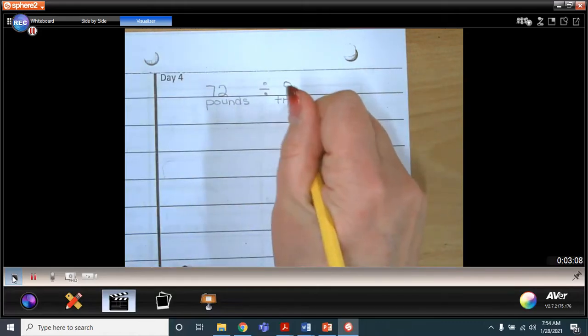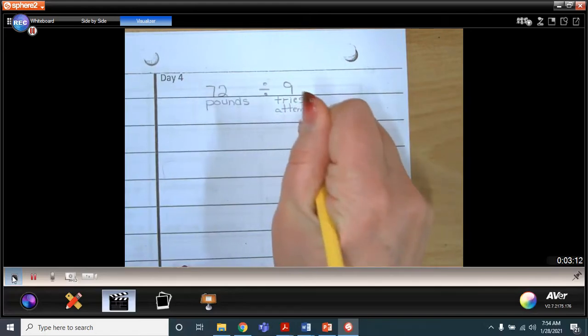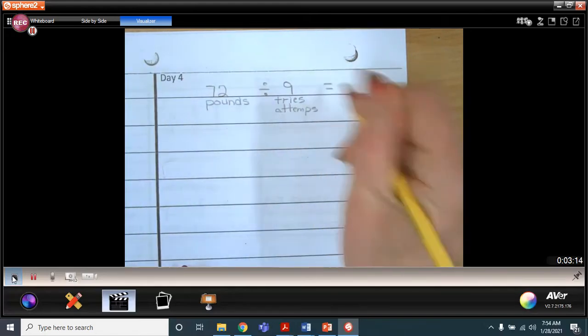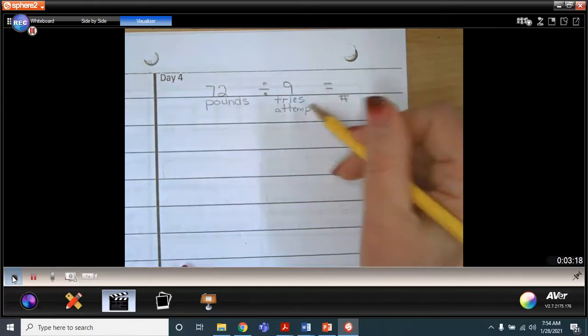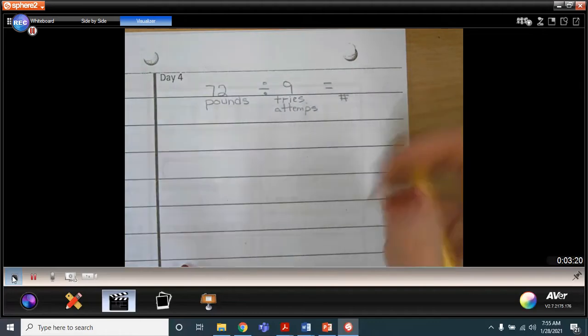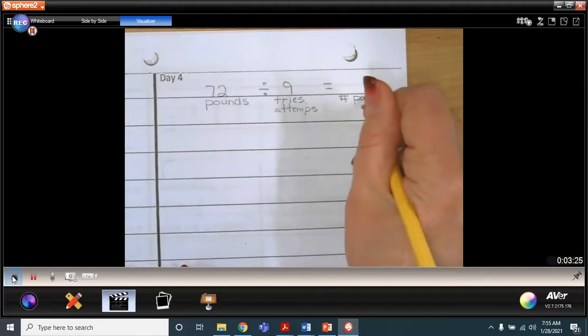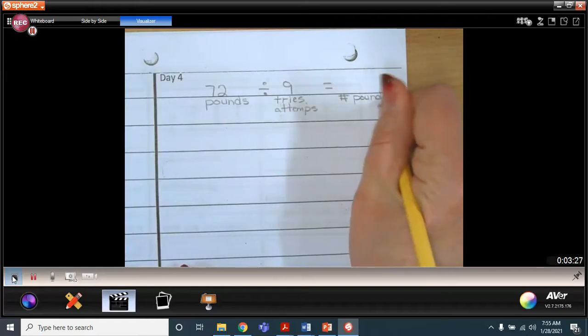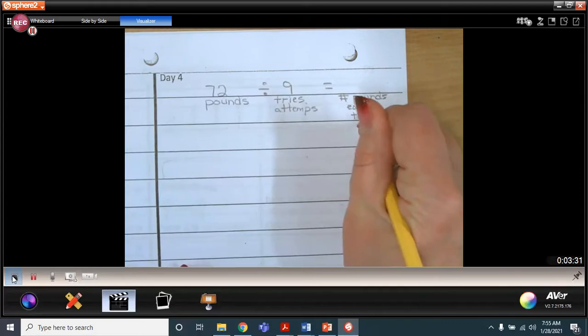So these are the tries or the attempts. And they want to know how many pounds he lifted each time he picked up this weight. Okay, number of pounds each time, or each try.